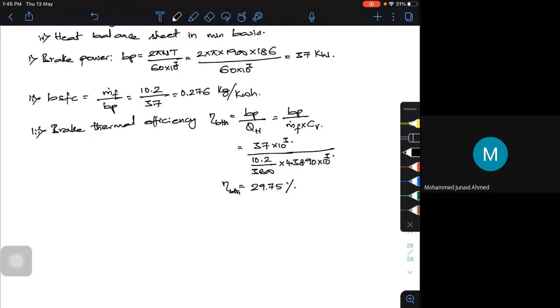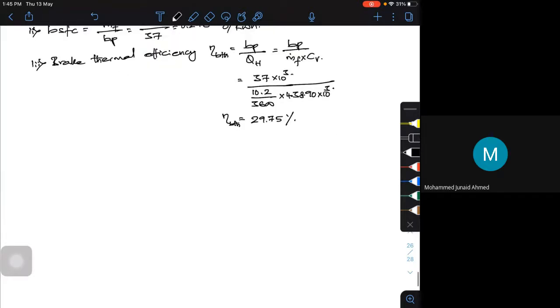Now what we have to do actually? Heat balance sheet calculations. One by one you have to do.